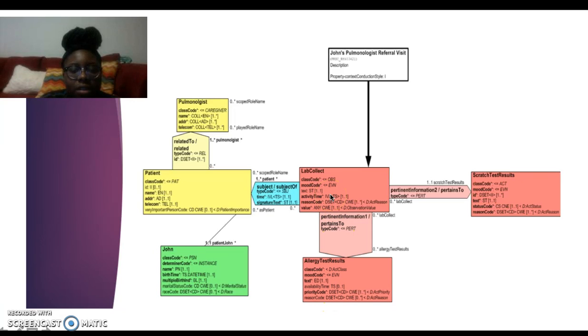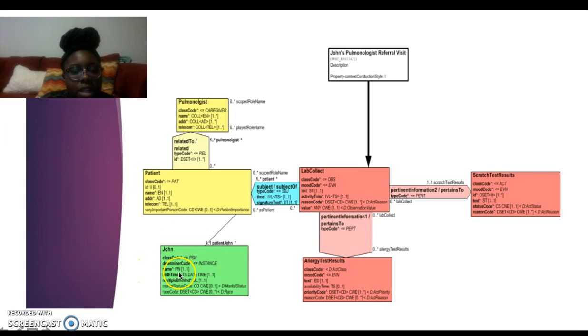And then the lab collect would be the subject of, so that would be the patient. So the lab collect is taken from the patient, and then for the patient you would need his name, I would say address, telephone number, just so you can have all that information on him. And it's joined to John, who is the patient.